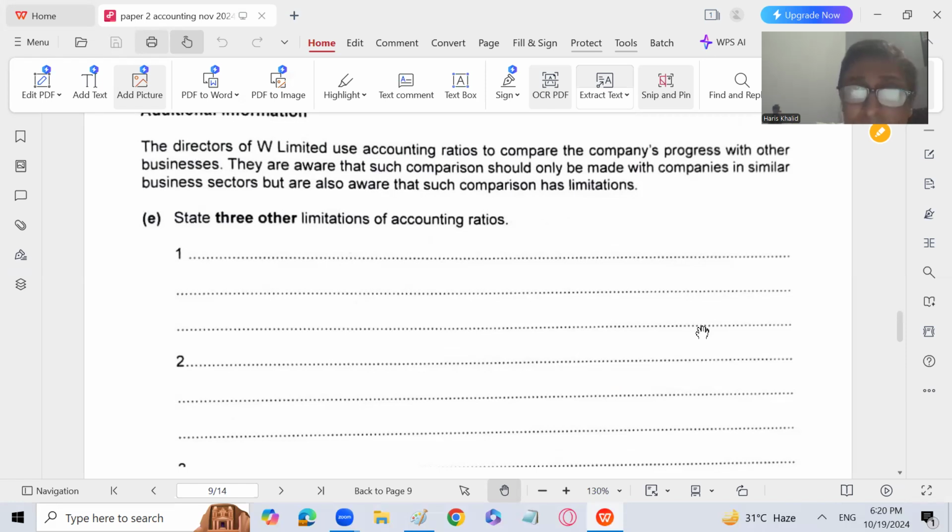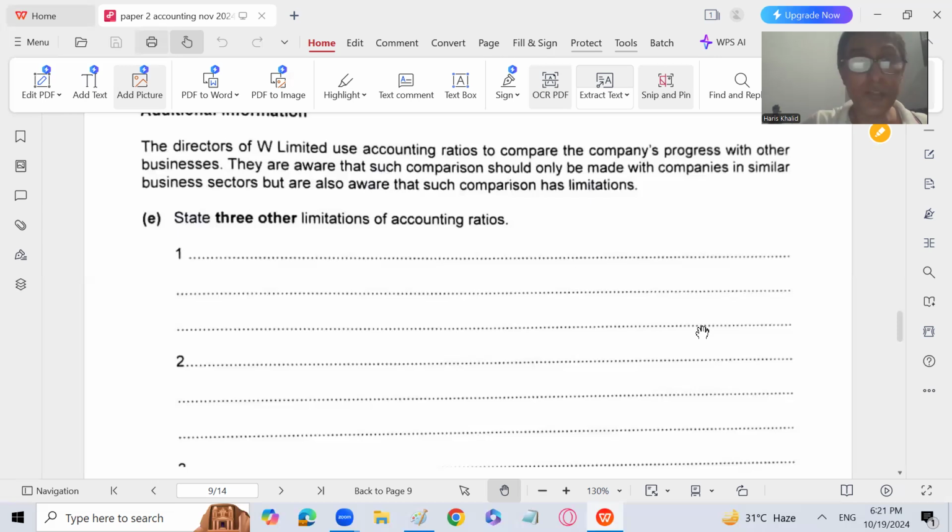Then accounting ratios basically use historic data, right? The calculations are based on past data. It does not tell anything about the future. Then different accounting procedures are adopted by different companies. Different businesses adopt different accounting procedures. They might result in different results, and when the results are different they cannot be compared easily.